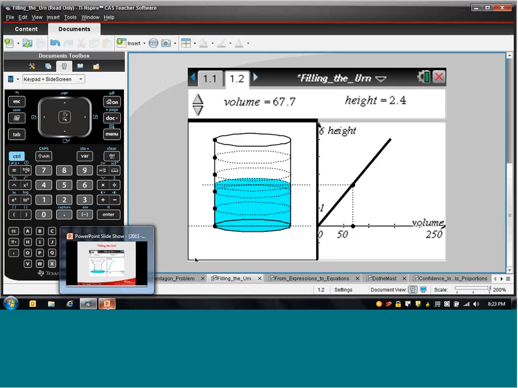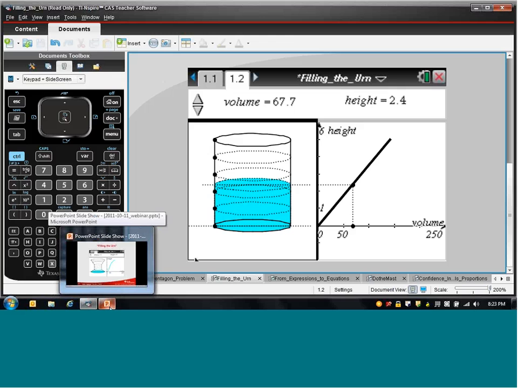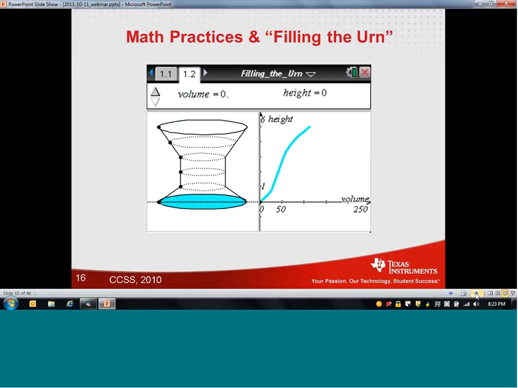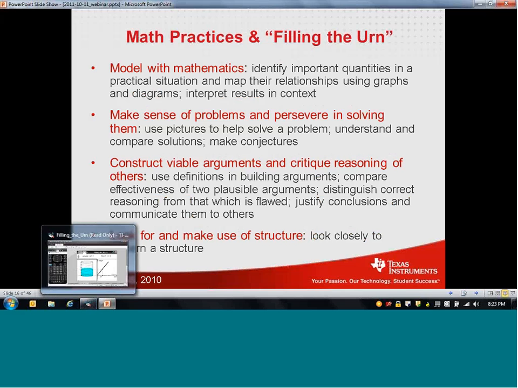You can start talking about related rates and things like that in calculus, but it works very well for younger students too. One of my favorite questions is, how can I do it so it has 2 points of inflection? Ooh, very nice.